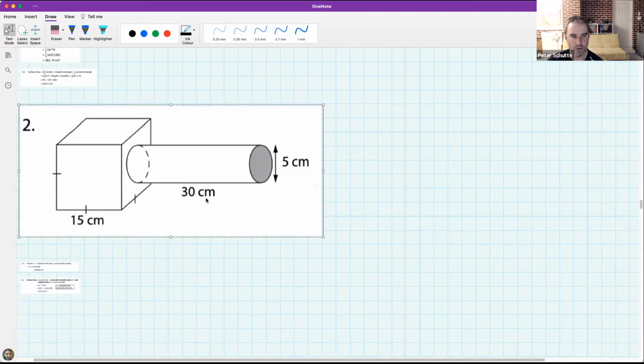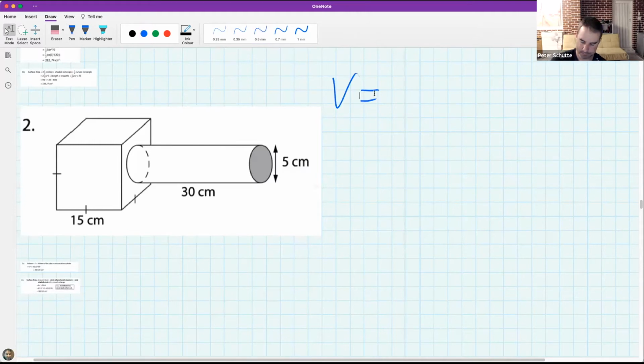What strategy would you use? Otherwise, get cracking and see if you can find me the volume of this shape. For this question, Katlego, let's get the answer first, and then I'll show you roughly the mark allocation.